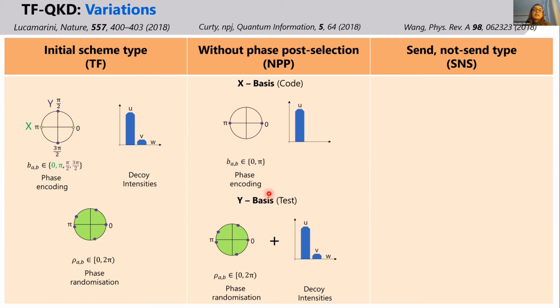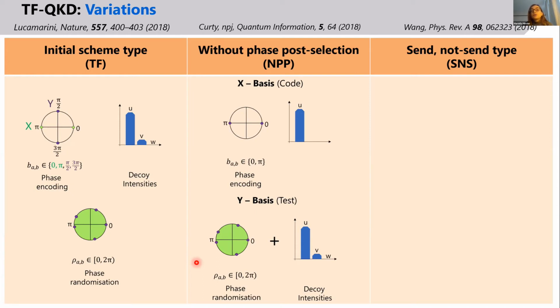And the important part here is that in the code basis, you do not perform any phase randomization, but solely the phase encoding. And then you keep the phase randomization for the test basis. And by test basis, I mean the basis that is going to be used for decoy state analysis or estimating the single photon error rates, etc.